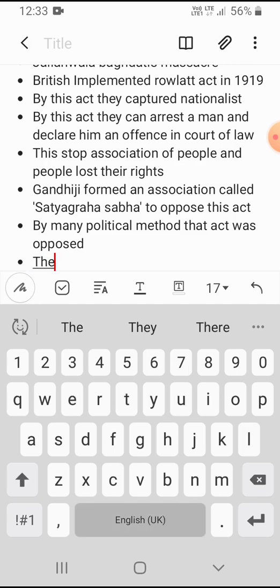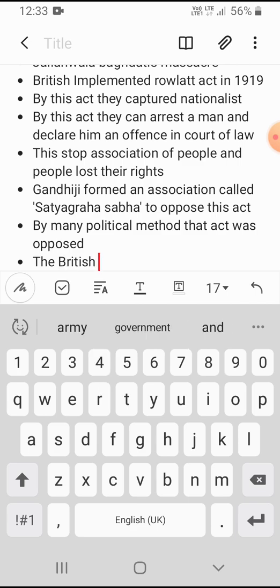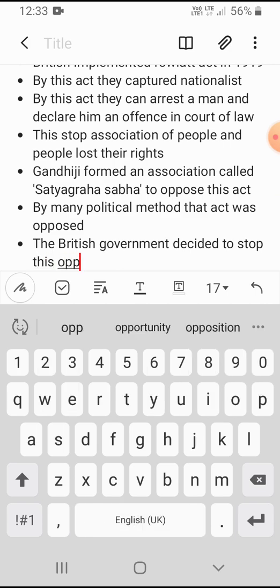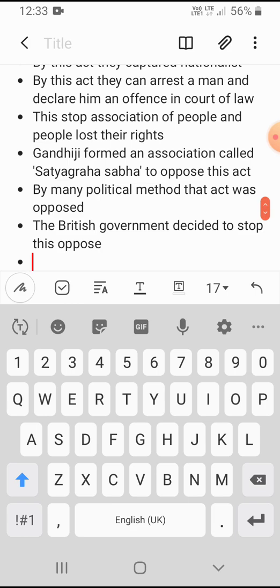So the British government decided to stop this agitation, this opposition.